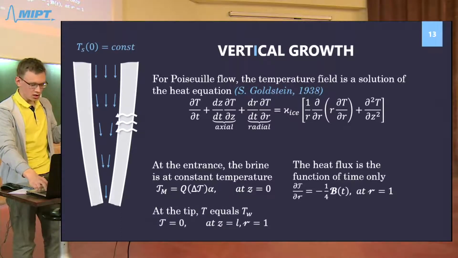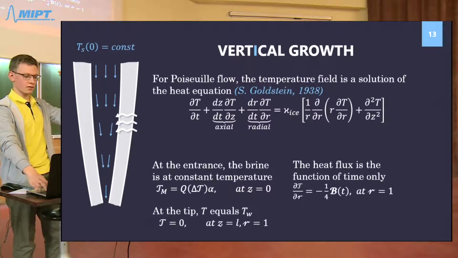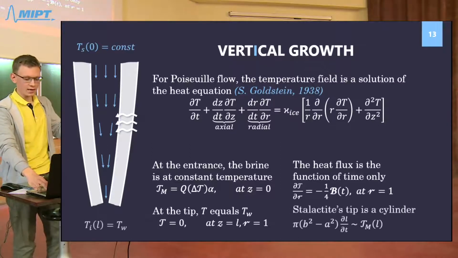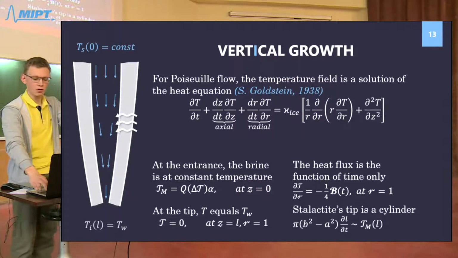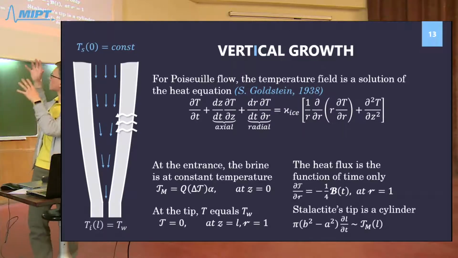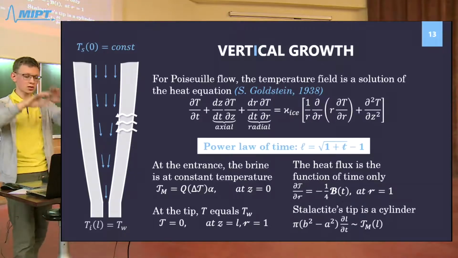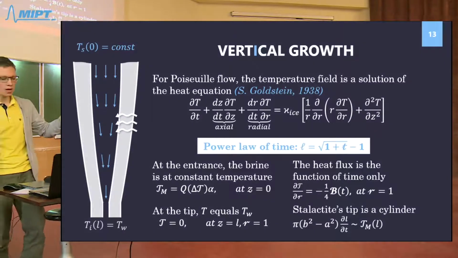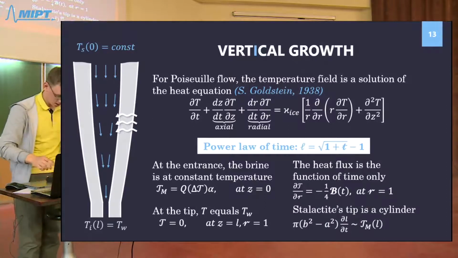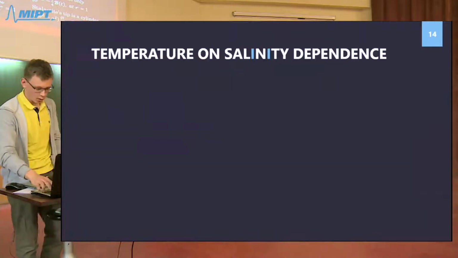Then at the tip, the temperature of the brine and the temperature of ice equal the temperature of water. And finally, the stalactite's tip grows as a cylinder of constant cross-sectional area. All those boundary conditions allowed us to come to a power law of time, where L and T are dimensionless variables.